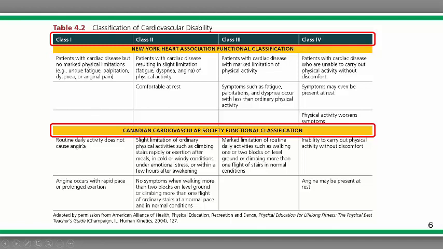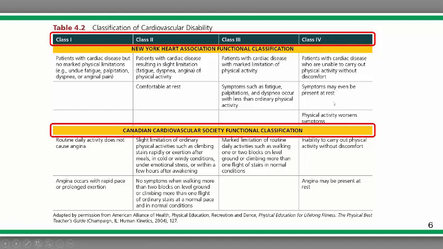In the Canadian Cardiovascular Society, routine daily activities do not cause angina, which is chest pain. If we contrast that with class 4, patients with cardiovascular disease are unable to carry out physical activity without discomfort, and symptoms may be present even at rest under the class 4 category under the New York Heart Association.